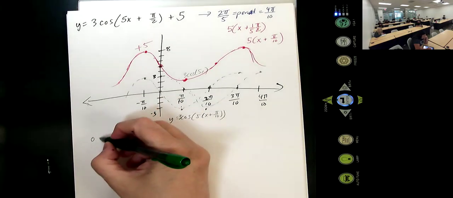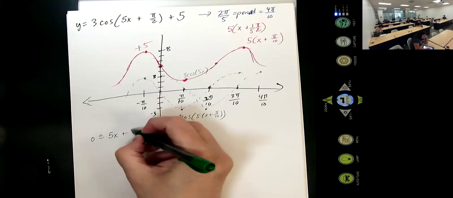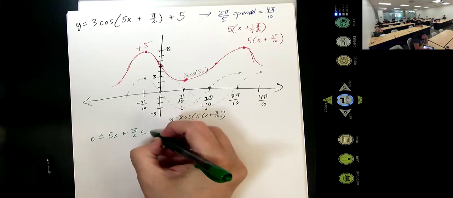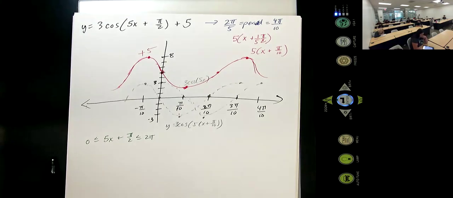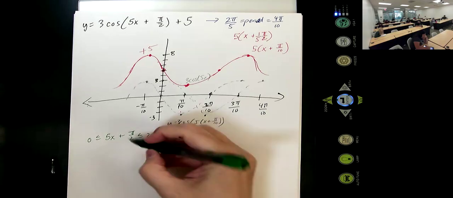The other way, we're doing the 5x plus pi over 2 between 0 and 2 pi. So we'll subtract pi over 2.